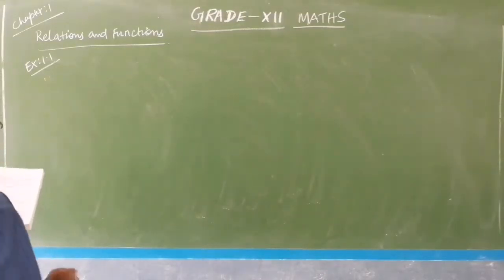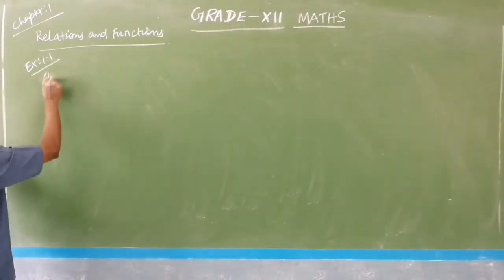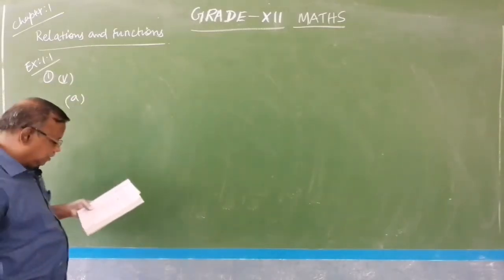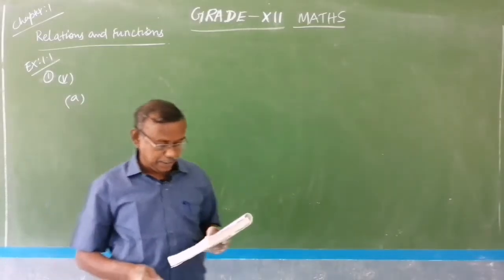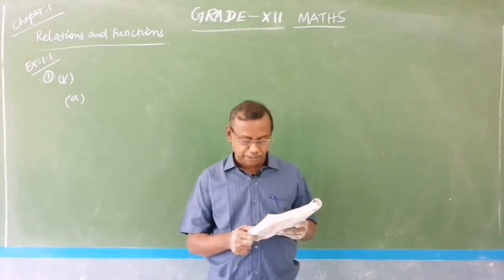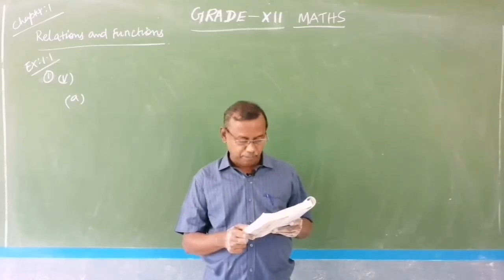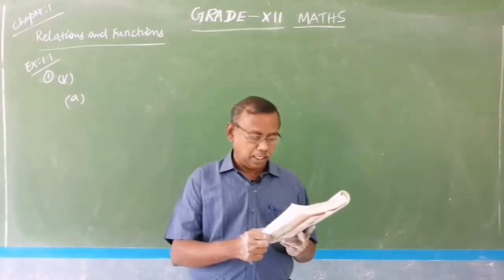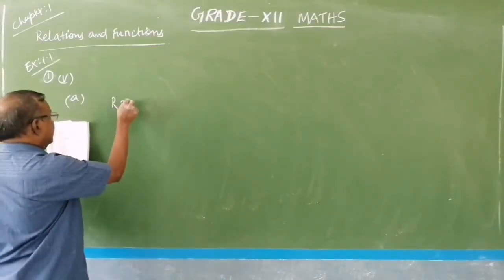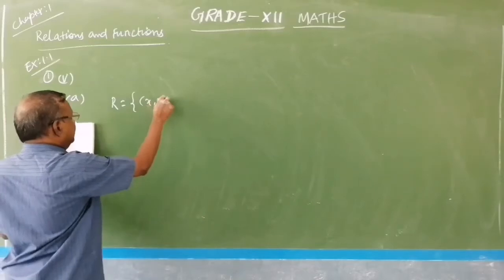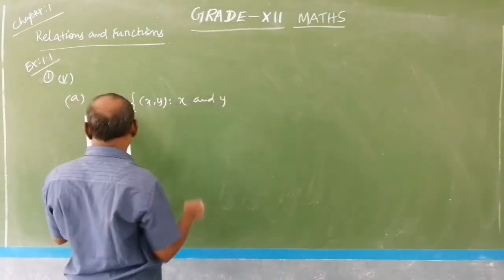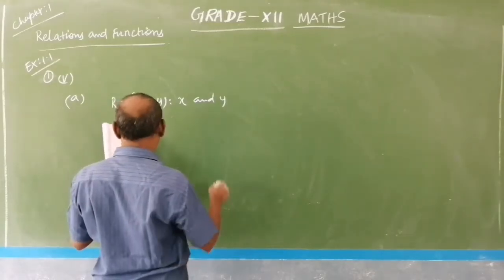Next, subdivision 5. Question 1, subdivision 5. In this subdivision there are five parts: A, B, C, D, E. The relation R in the set A of human beings in a town at a particular time is given by (x, y) such that x and y work at the same place.